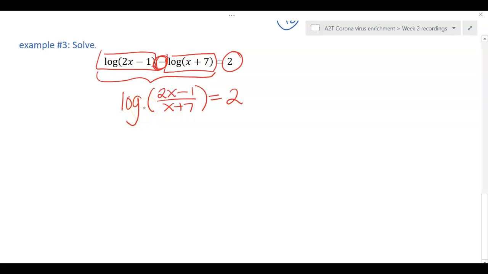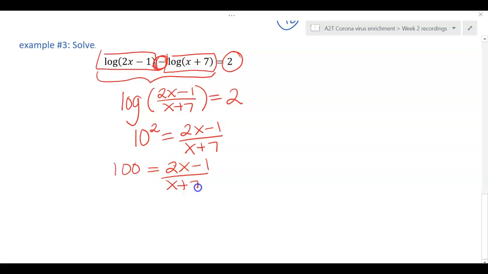So at this point, I'm going to rewrite it in exponential form. So it would say 10 to the second power equals 2x minus 1 over x plus 7. So that's 100 equals 2x minus 1 over x plus 7. And now I'm going to solve for x. So for me here, I need to get x out of the denominator. I'm going to multiply both sides by x plus 7.